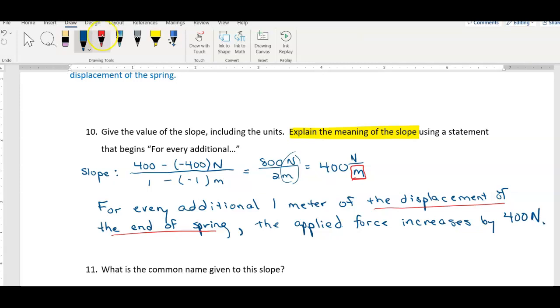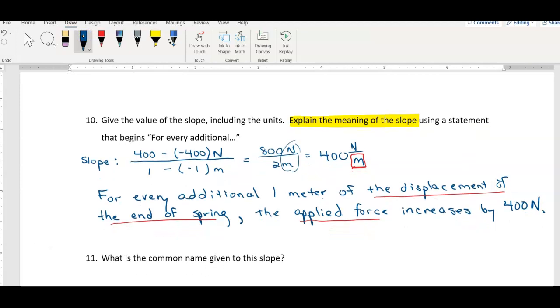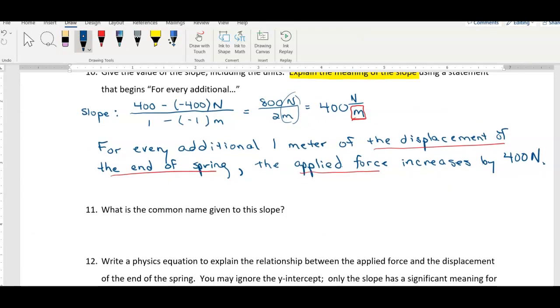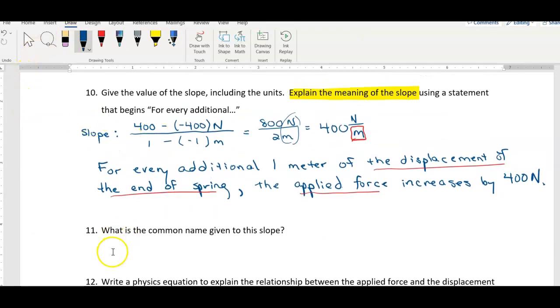So I've explained how the dependent variable, the applied force, changed when there was a 1 unit change of the independent variable. Okay, so this slope is commonly called the spring force. Okay, oh, I'm sorry, no, the spring constant.